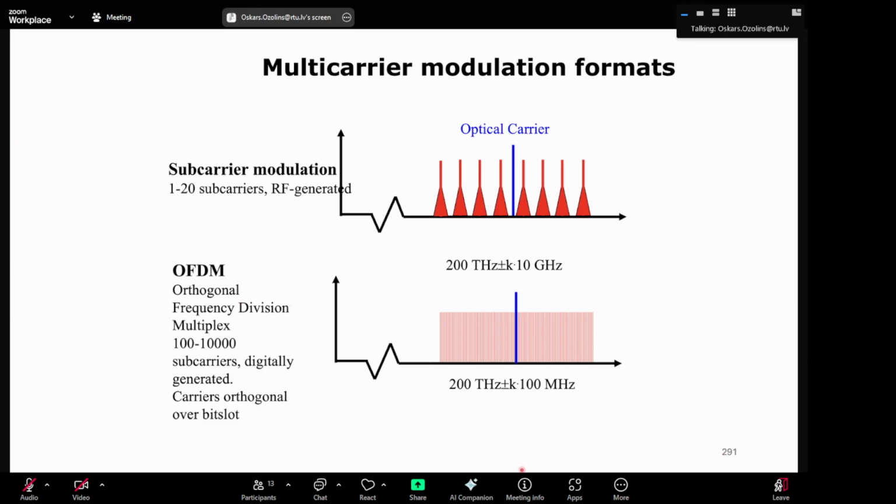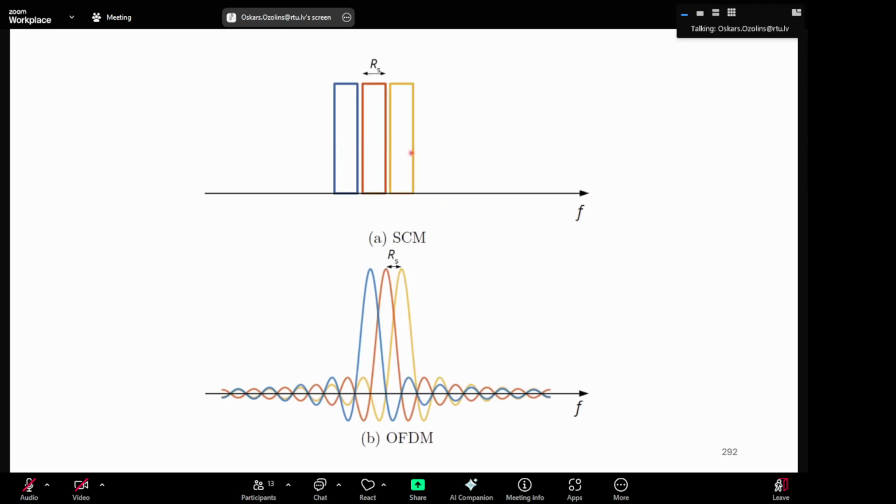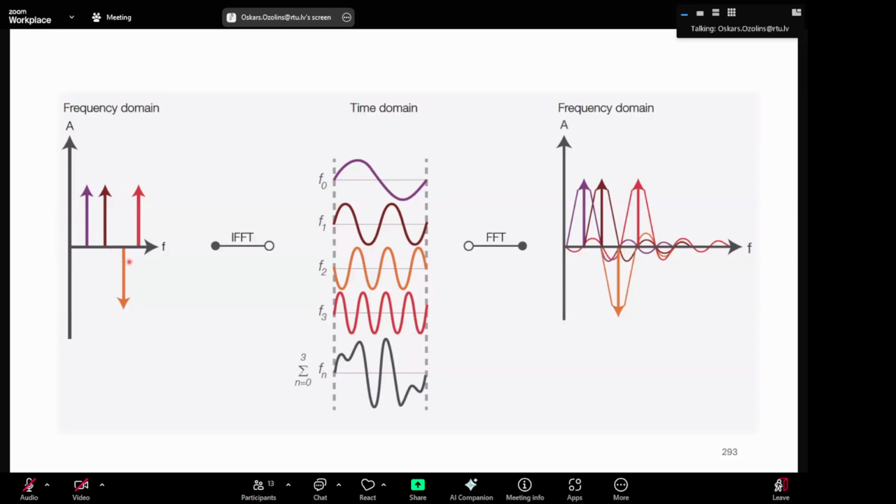Okay, but this is in frequency domain. Here you see that you could have subcarriers like this in frequency domain, or with OFDM you will have subcarriers like this, and they don't interact with each other. And then here you can see how it would look like.